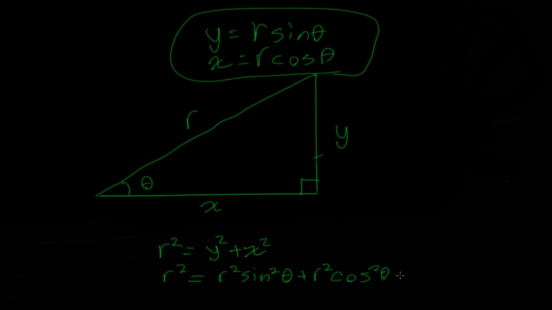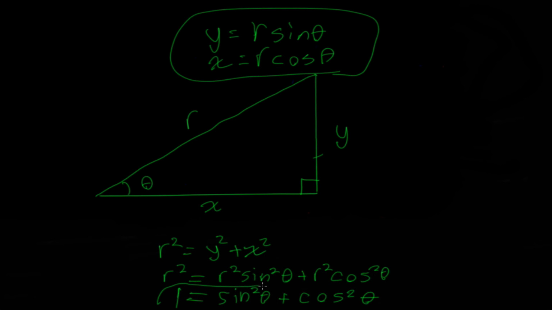And let's solve for this. What happens if we divide both sides by r squared? Well, we get that 1 is equal to sine squared theta plus cosine squared theta.